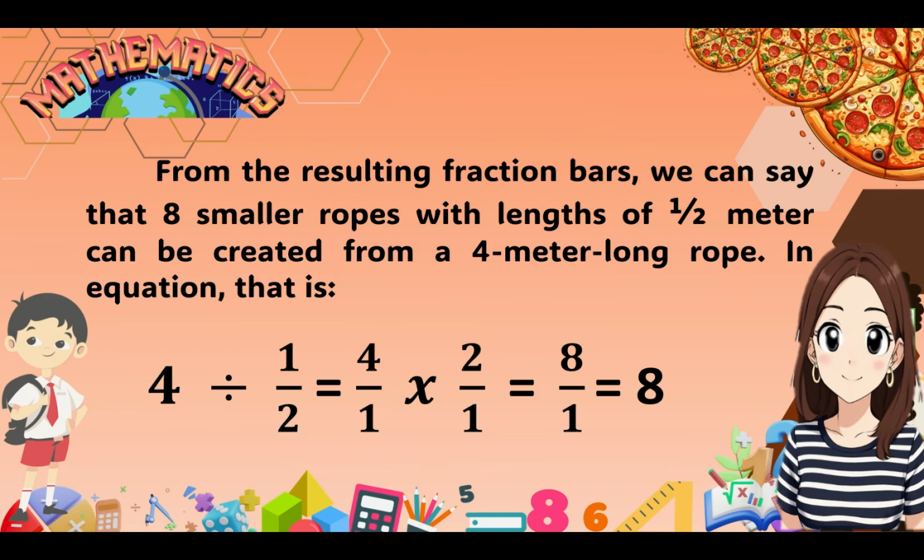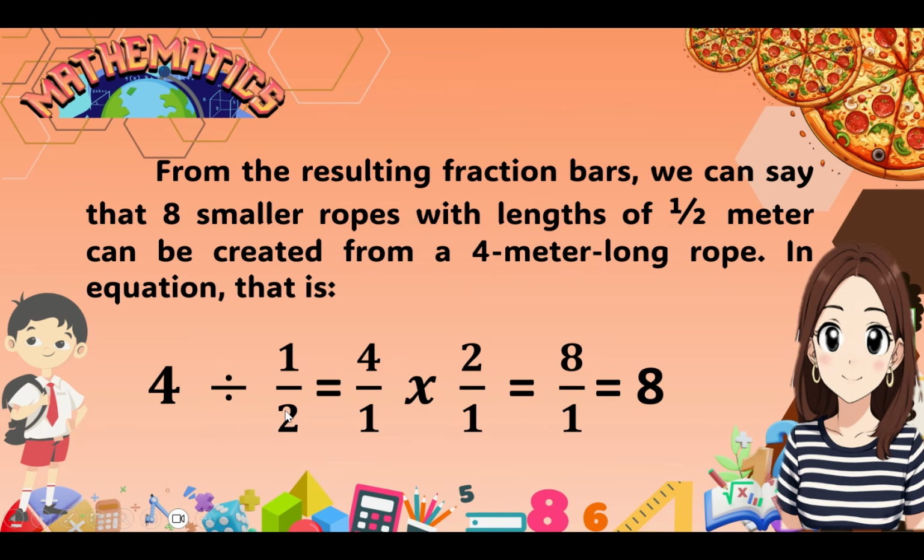In equation, that is 4, the 4 meter long rope, divided by 1/2 equals, so 4/1, because it's a whole number, it has a denominator of 1, times the reciprocal of 1/2, which is 2/1. So the division symbol becomes a multiplication symbol.